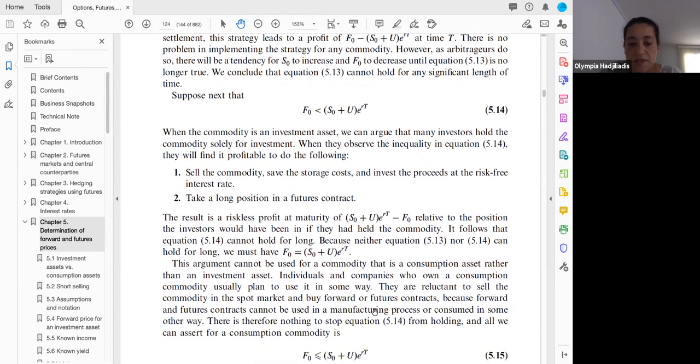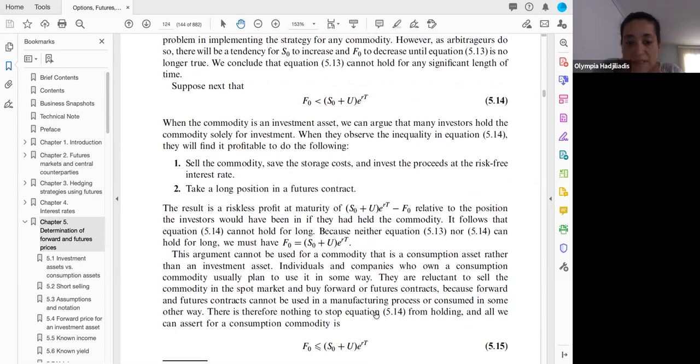But this argument cannot be used for a commodity that is a consumption asset rather than an investment asset. Individuals and companies who own a consumption commodity usually plan to use it in some way.